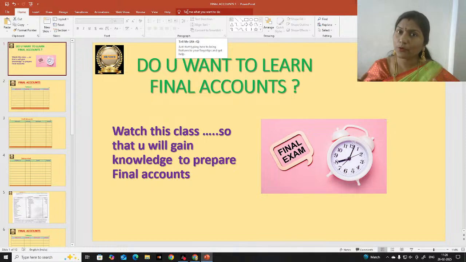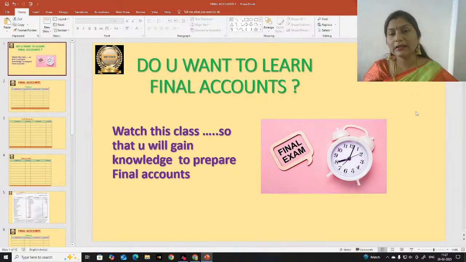Wherever you prepare final accounts, you follow one format where the items are many. More items are there, but here I will give you the fewer items which appear every time in the examination, so that we can learn the format along with one problem and solution today, so that you get good marks in the final examination.